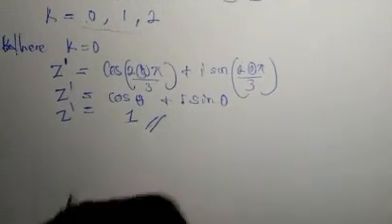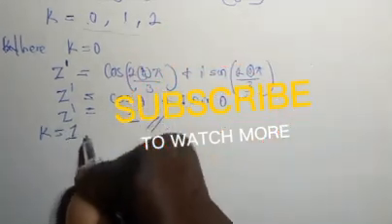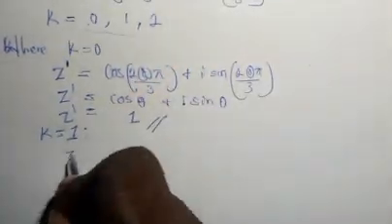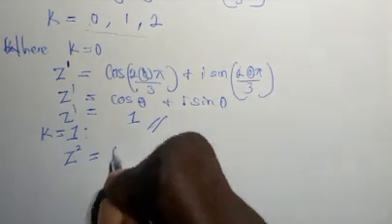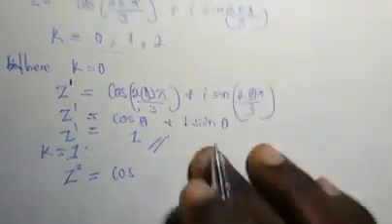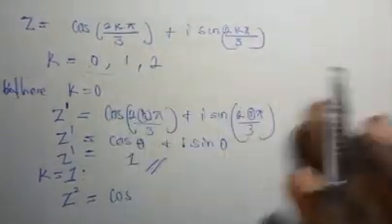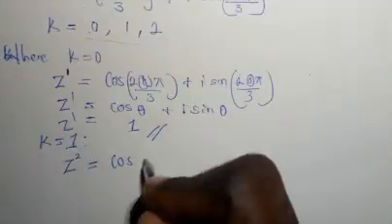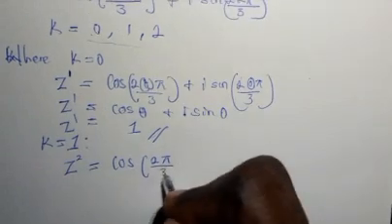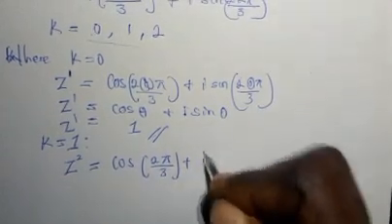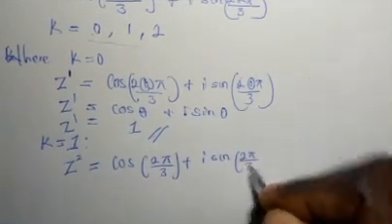The second value, where k is equal to 1, we have z2 to be equal to cos. If you substitute 1 for k here now, we'll be having 2 pi over 3 plus iota sine 2 pi over 3.